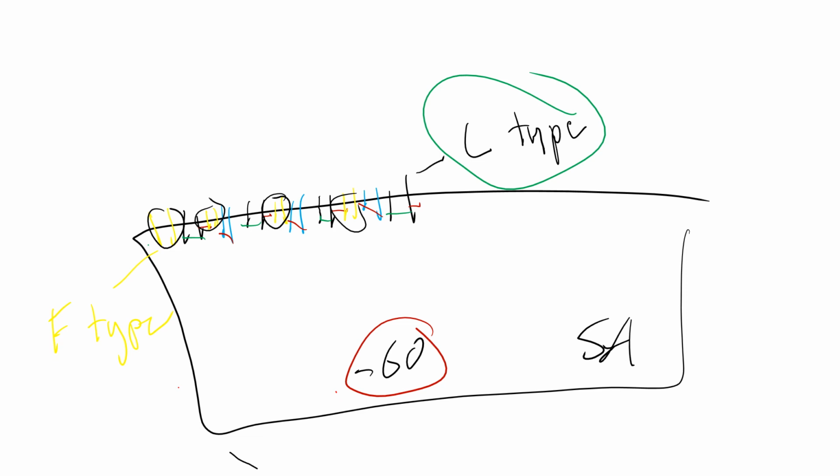So two things happen around -60. The voltage-gated potassium channels close, so less potassium is now leaving. And at the same time, the F-type funny channels begin to open up because the interior is becoming more negative, and you're going to start getting a greater and greater influx of sodium ions, which is going to do what to the membrane potential?